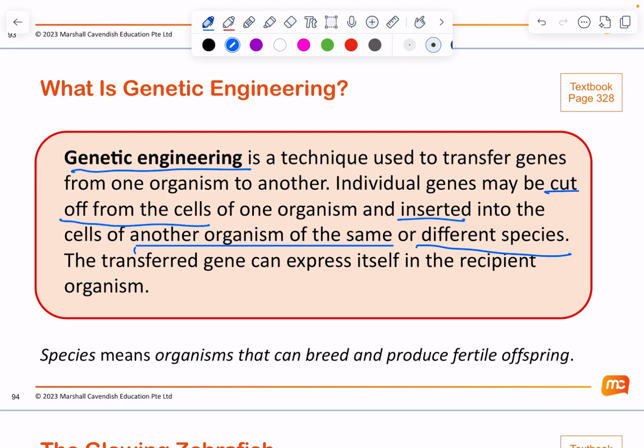But it can also be different. Maybe we put the genes for the sweetness of apple into pear, and then hopefully the pear will have some form of the same sweetness. The transferred gene must be able to express itself in the recipient organism, meaning the organism that you want to grow it in. So that's the part of genetic engineering.